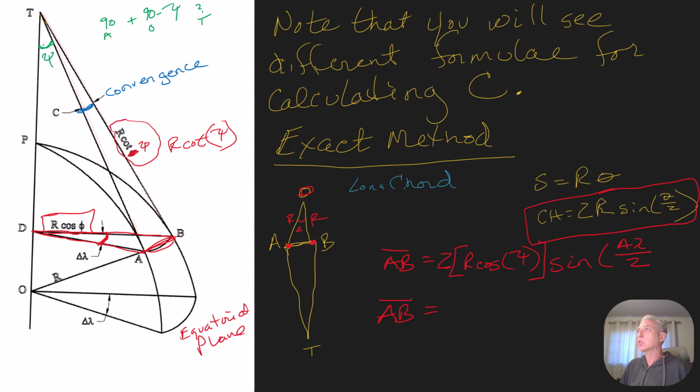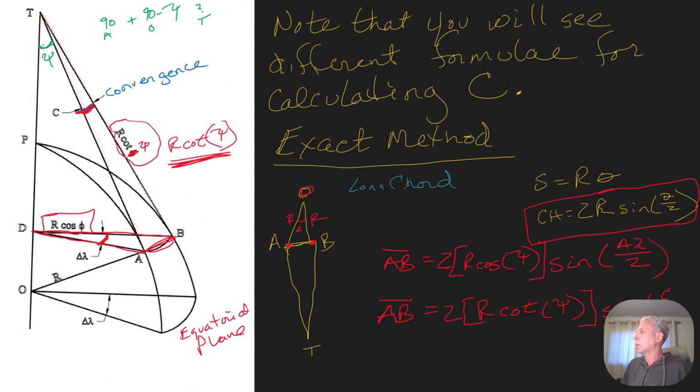So in that triangle, we have 2 times our length of a side there, times r times the cotangent of psi, times the sine of our subtending angle, which is c.